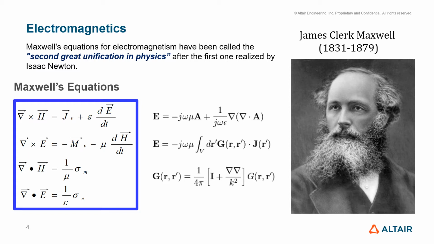The relationship between electric and magnetic field and the currents, the magnetic current and electric current and the charges have been formulated by Maxwell a while ago, in the 19th century, and that's called the second great unification in physics after the first one realized by Isaac Newton, the three Newton laws that we studied in the universities before.